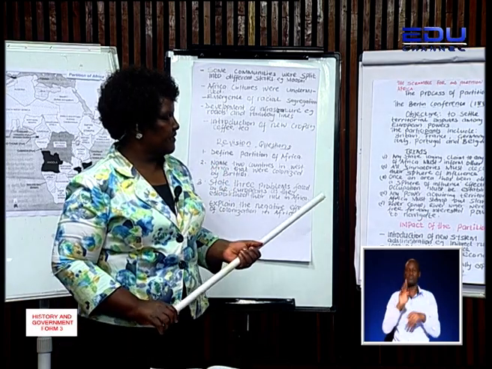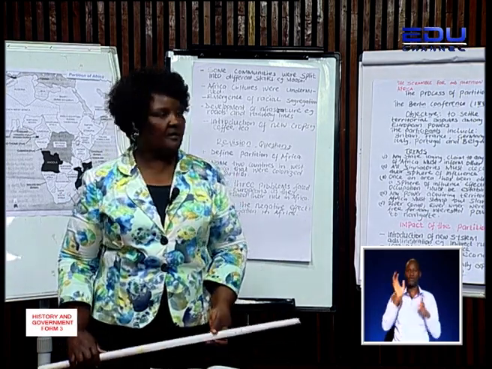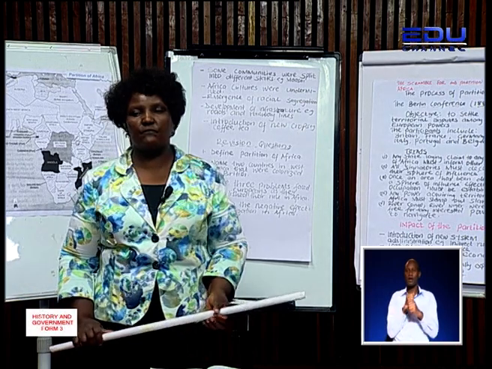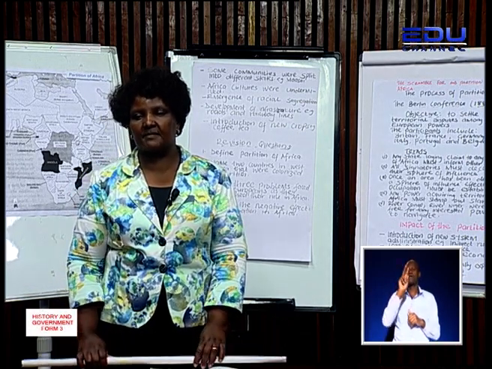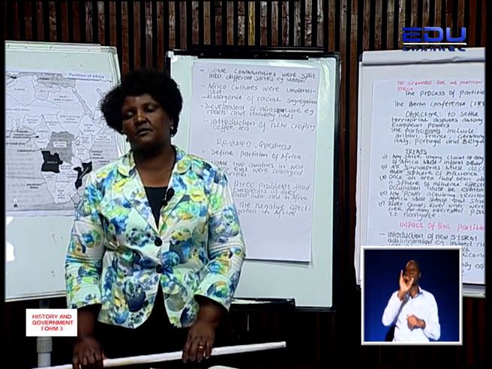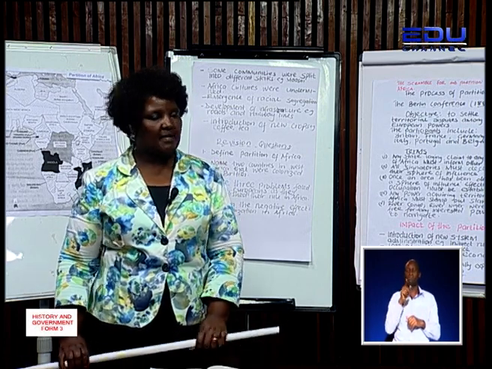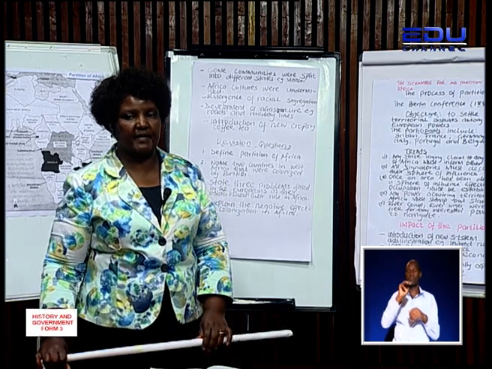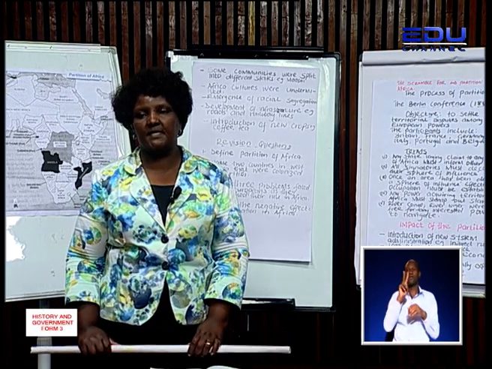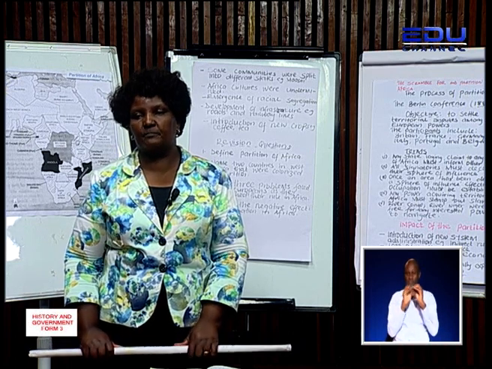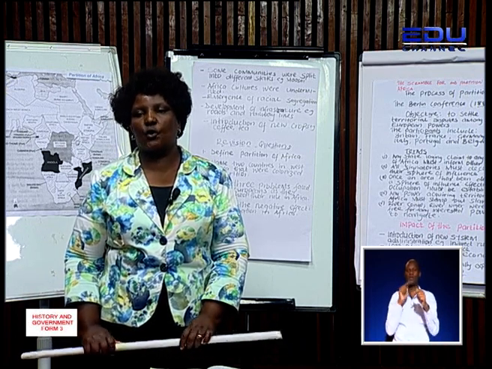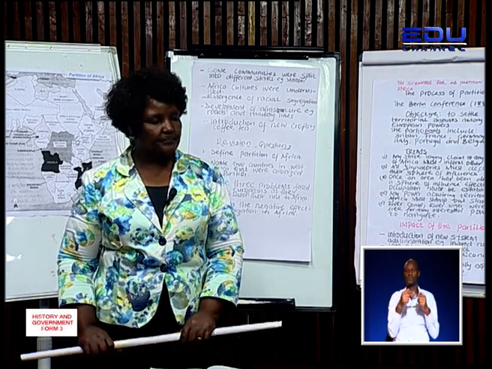The Berlin Conference was convened by Otto von Bismarck. He was the German Chancellor at that time, like the President of Germany. He convened this conference in order to avoid conflicts that arose among the European powers over colonies in Africa.